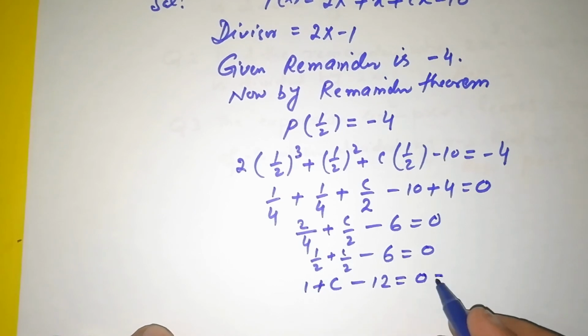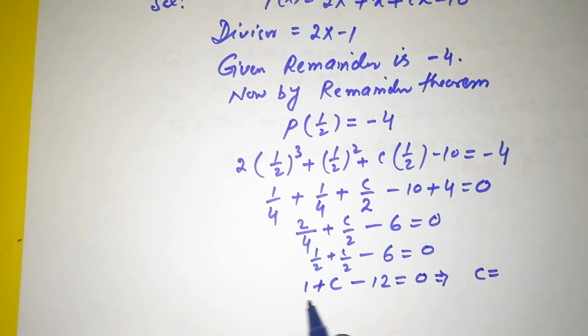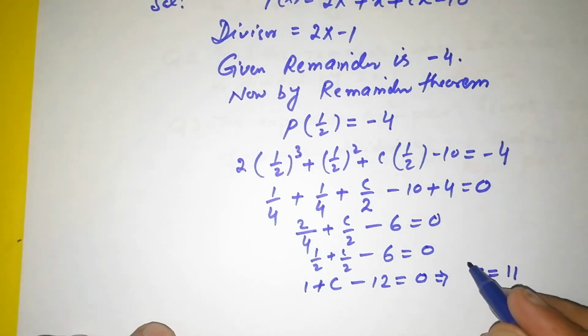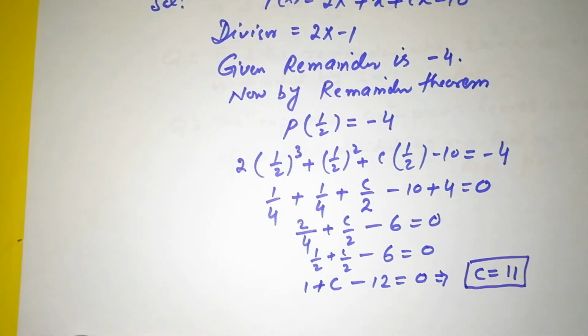Therefore it implies the value of c is, this is minus 12 and plus 1 means minus 11. When we shift this minus 11 to the right hand side by adding plus 11, we have this value of c.